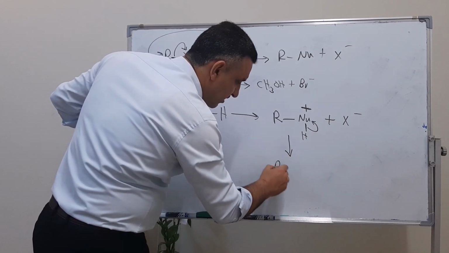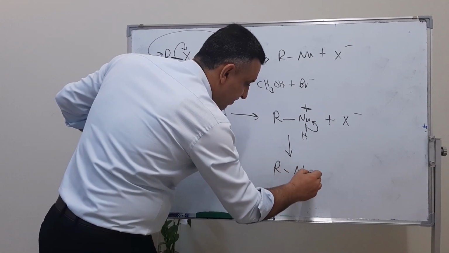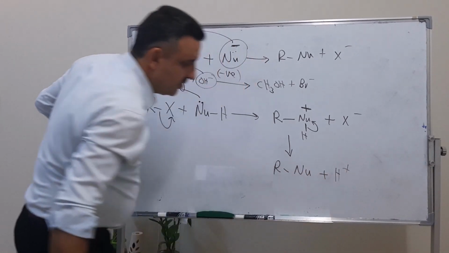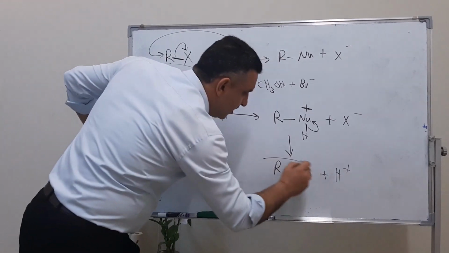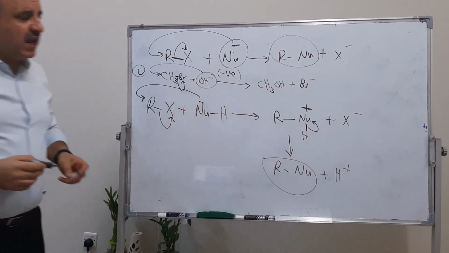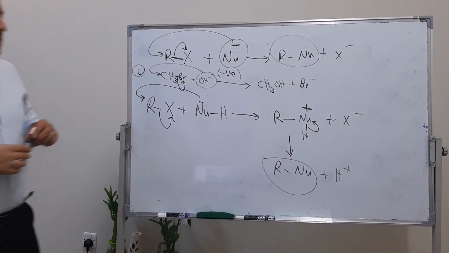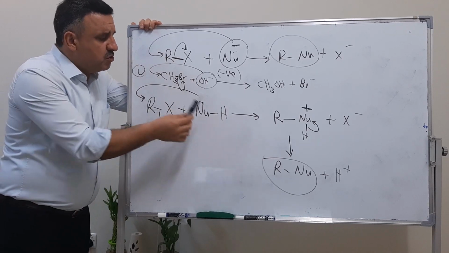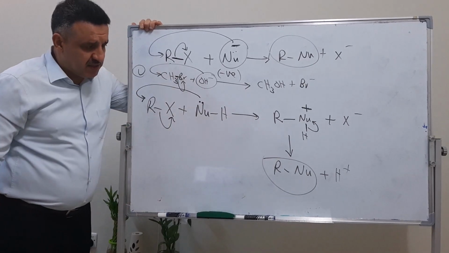So we are going to get finally R-nucleophile plus H plus. Do you follow me? At the end of the day, whether we allow the alkyl halide to react with a negatively charged nucleophile or a neutral nucleophile, we are going to get the same product.